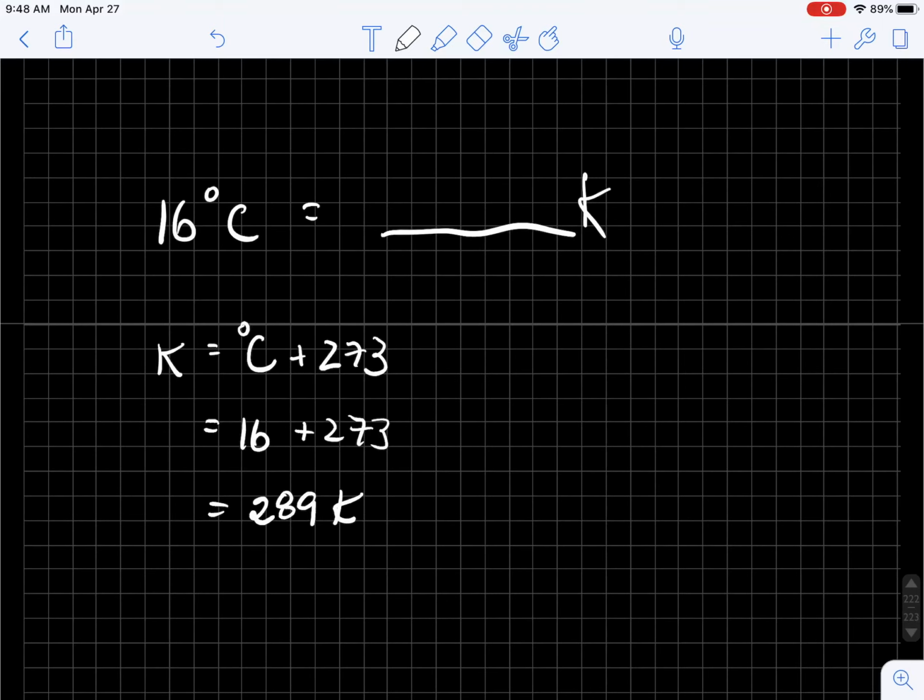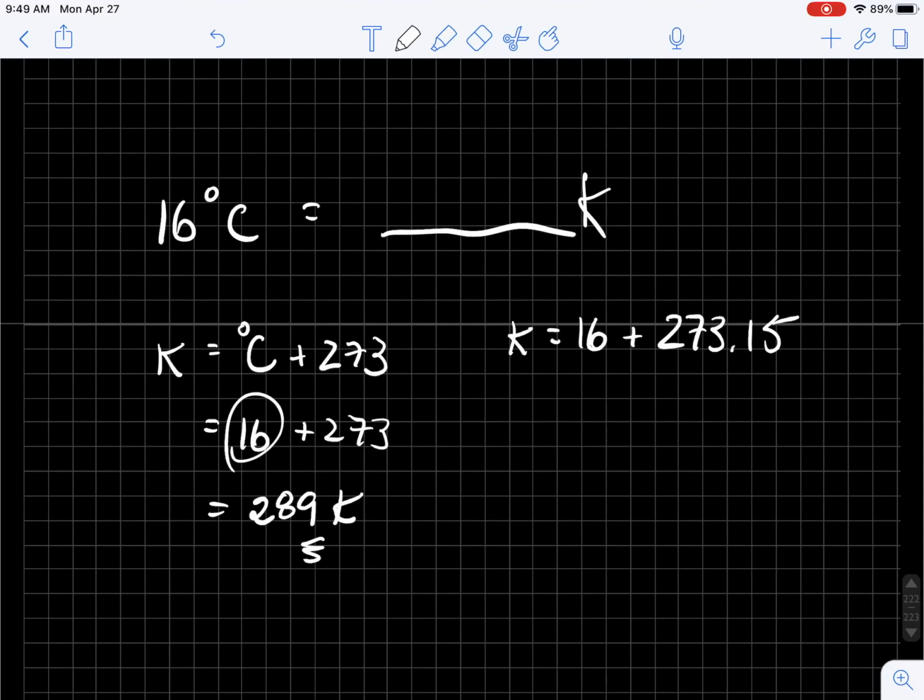All right, easy to do the sig figs there, but remember, it's the rule for addition. So you have numbers all the way down to the ones column, so you have to have a significant digit in the ones column for your final answer. Now, if you use 273.15 and you do the same problem, you get 16 plus 273.15.